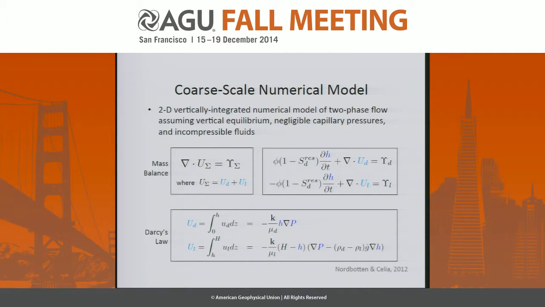So briefly, I just want to talk about the core scale numerical model. So again, 2D vertically integrated numerical model. Here we assume vertical equilibrium, negligible capillary pressures, and then compressible fluids for the equations that I showed here. So these are the mass balance equations. And here's Darcy's law. And all these variables are vertically integrated. And so you can see this is a vertically integrated flow for the brine.